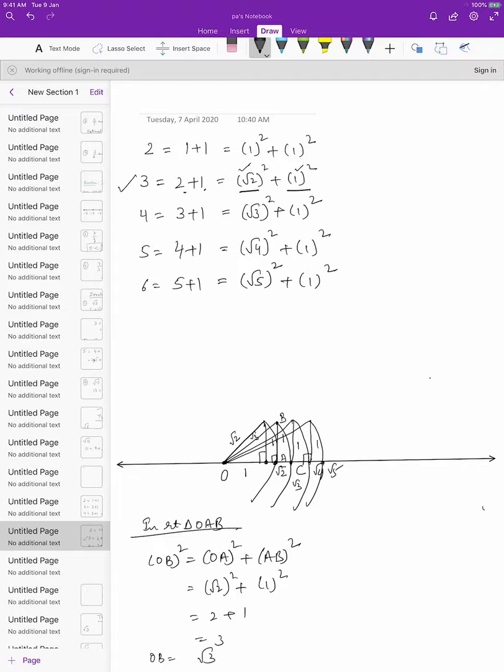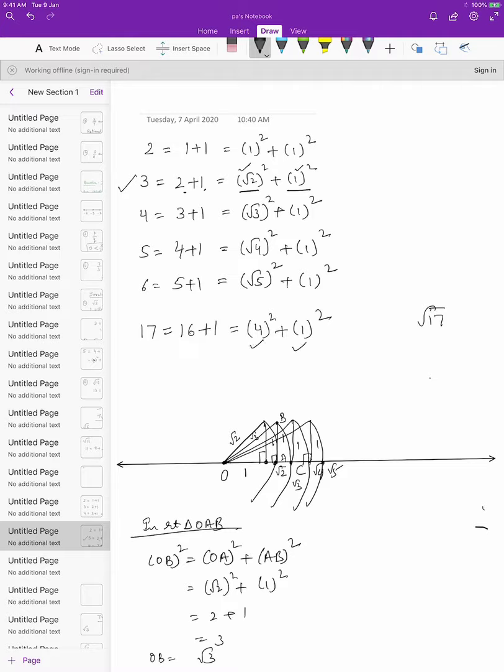But the problem here is, suppose you have to represent root 17 on the number line, and if you keep on representing each number 1, 2, 3, 4 up to 17, it is going to be a very lengthy procedure. So what we do is, as I told you previously, write down the best combination for 17, that is equal to 16 plus 1, that is equal to 4 square plus 1 square.